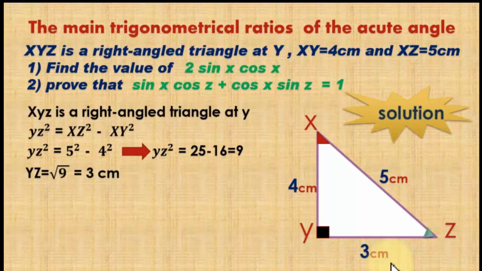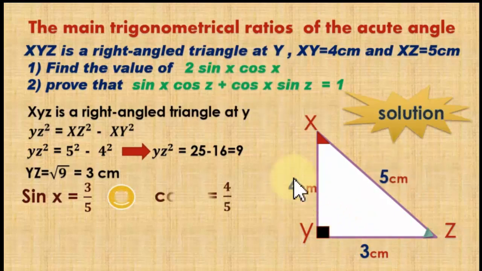Now it's easy to calculate the sine or the cosine of x. Look at this angle, angle x. The sine of x equals the opposite side over the hypotenuse. So sine x equals 3 over 5. What about cosine x? Cosine x equals the adjacent side over the hypotenuse, equals 4 over 5.